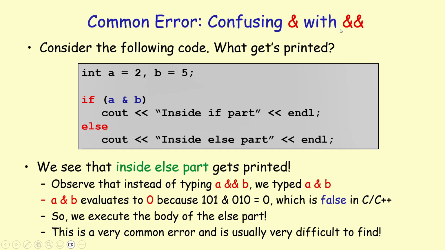So in order to say logical OR, you have to say a || B instead of a single bar, because a single bar is again a bitwise OR operator, and you would get unexpected results if you do that. So again, be very careful when you're using the logical AND operator, and make sure that you type in && to mean the logical AND operator.